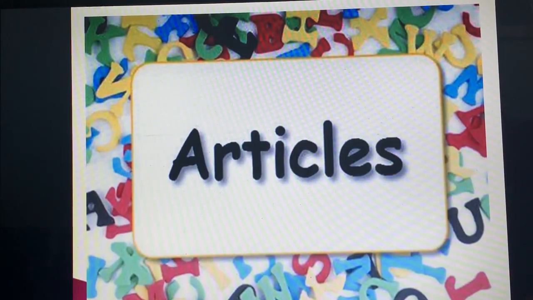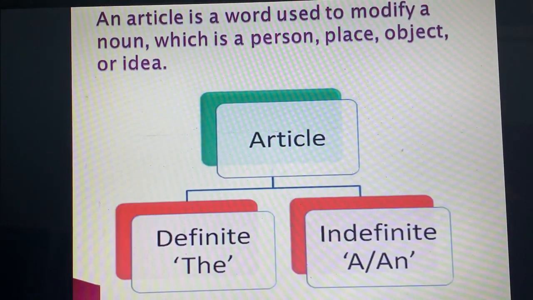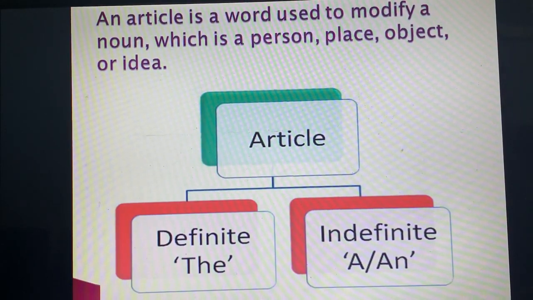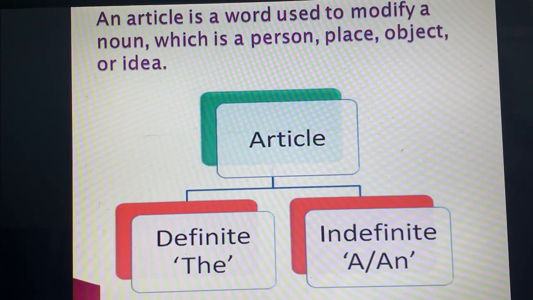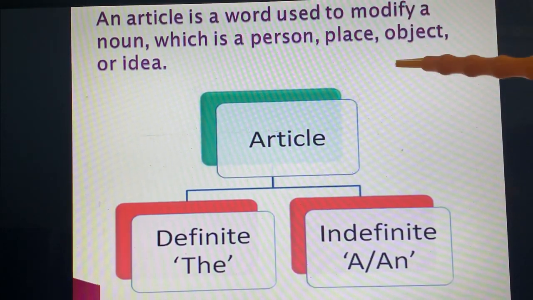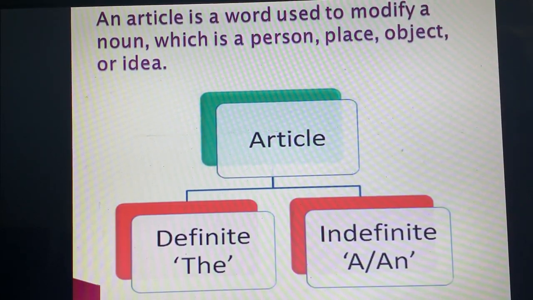Today's topic is articles. Now what are articles? An article is a word used to modify a noun. It is a word which is used to modify a noun, and it is basically placed before a noun. Noun से पहले लगाया जाता है, which is a person, place, object or idea.